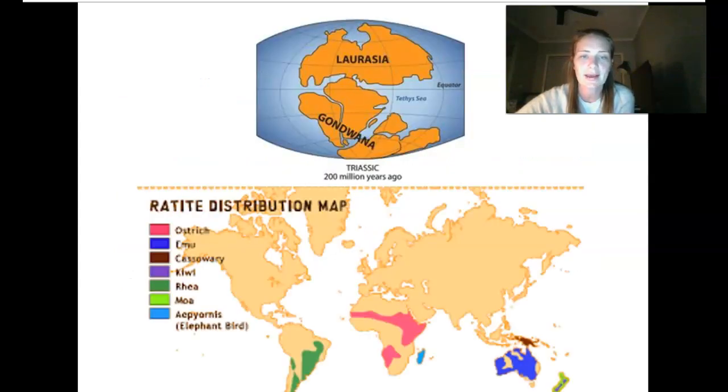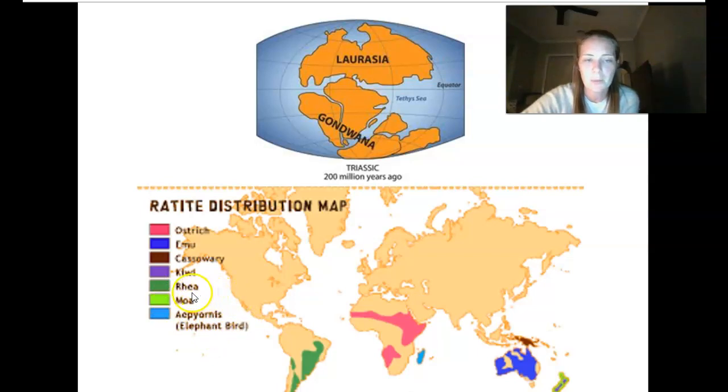So if we look at an example here of the ratite distribution map, so we have our big birds, our large birds, ostriches, emus, cassowaries, kiwi, and all the way down to this one who I can't pronounce is the elephant bird, which is actually an extinct bird, and I think the moa actually is as well.